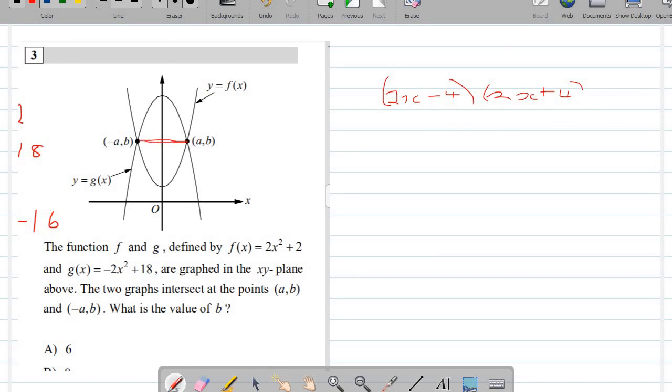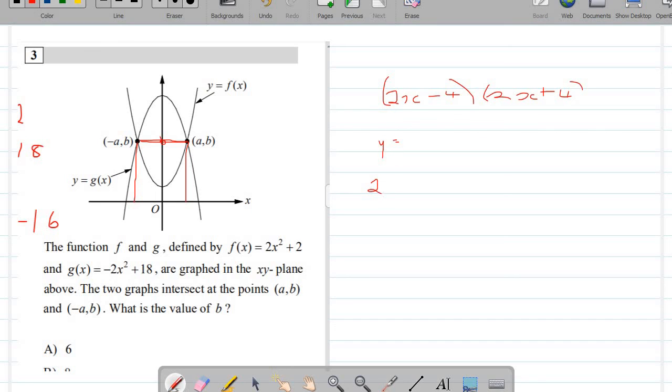This is the y value. You have a certain x value here. So let's just make it 0.